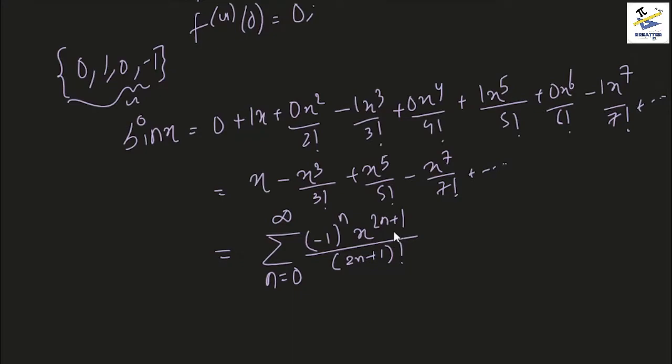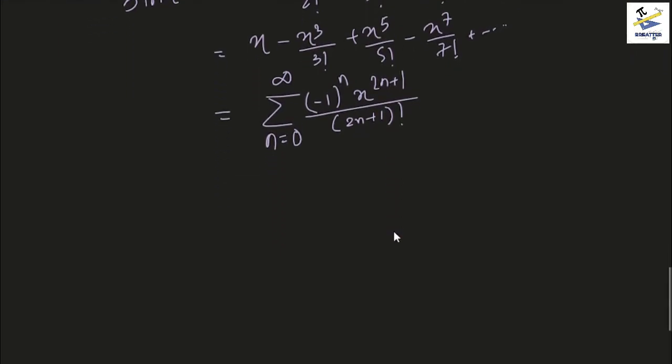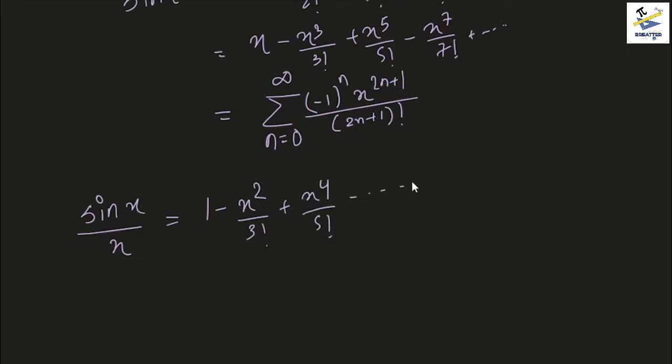Now from the series itself it is quite clear that sin x upon x would be equal to 1 minus x square by 3 factorial plus x to the power 4 by 5 factorial, and so on, right?